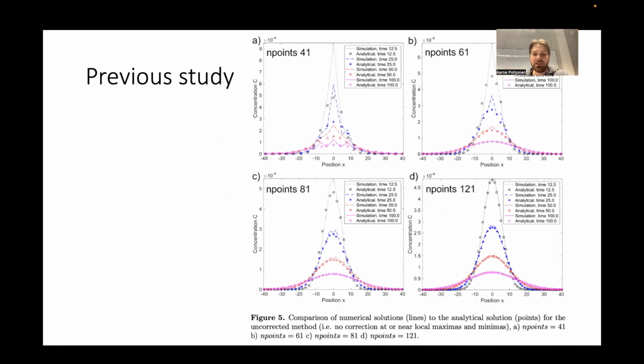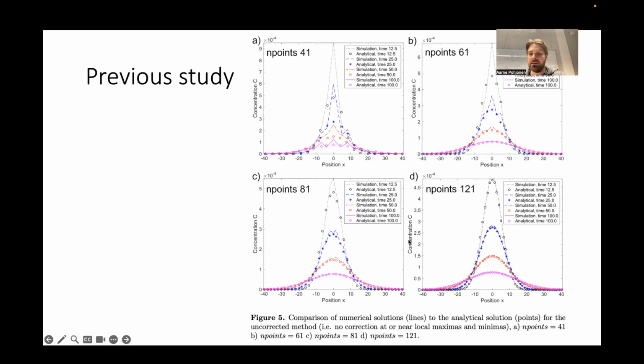But there were some issues, mostly for sparse grids. There is inaccuracy and a kind of instability, which is seen as oscillations in the numerical solution. This could be solved by increasing the number of grid points, so making the grid more dense.